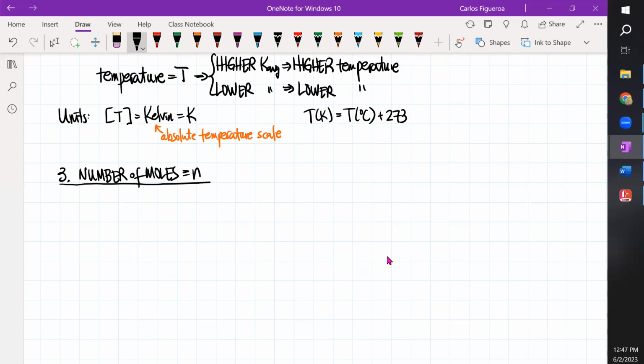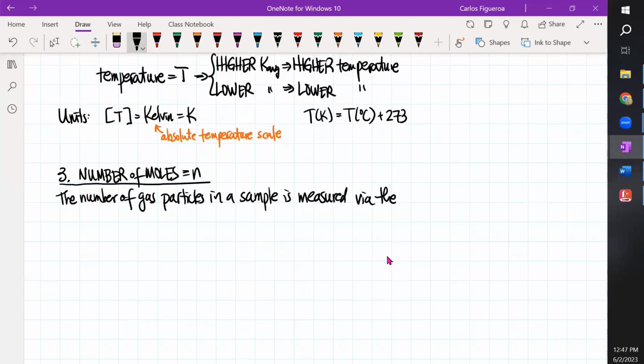So the number of gas particles in a sample is measured via the number of moles.